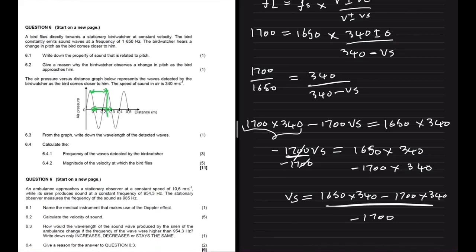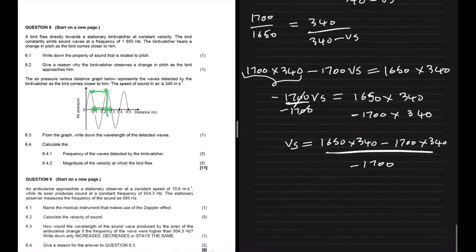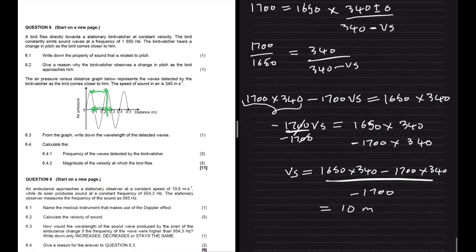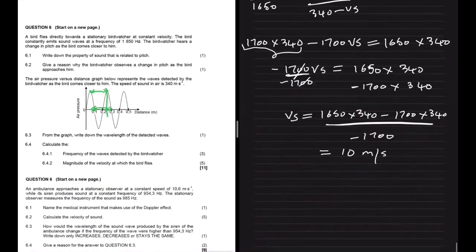I'm just going to plug that into the calculator. 1650 multiplied by 340 minus 1700 multiplied by 340, everything divided by minus 1700, and that gives me 10 meters per second.